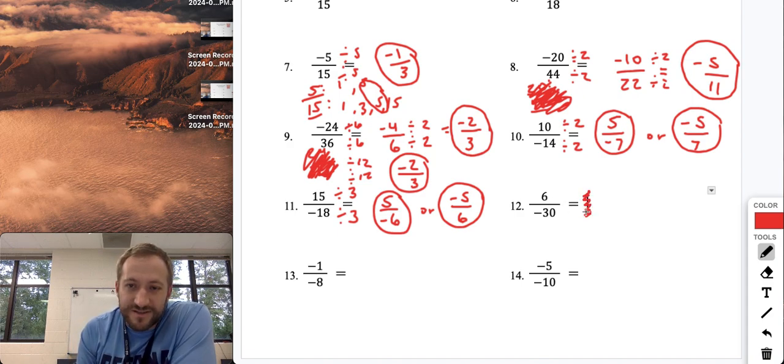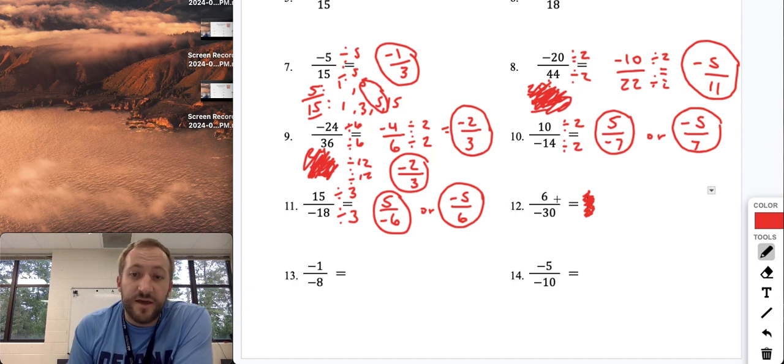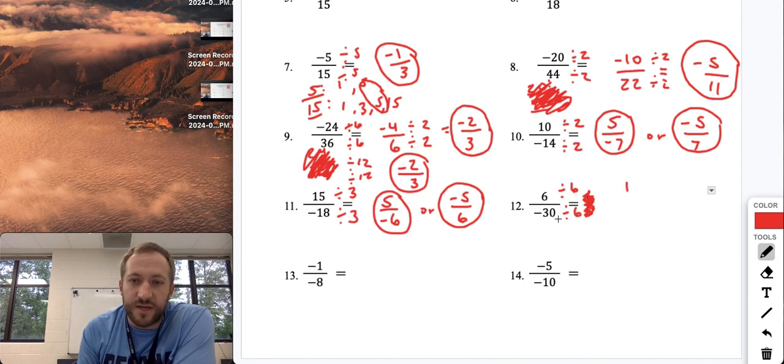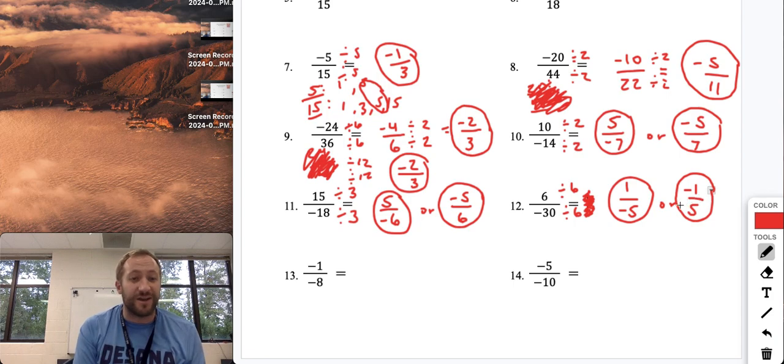Ignore the typo there. They're both divisible by, I think, 6. 6 divided by 6 gives me 1. Negative 30 divided by 6 gives me negative 5. There we go. Or, of course, feel free to move the negative to the numerator. As long as there's only one negative sign, you can put it wherever you'd like.